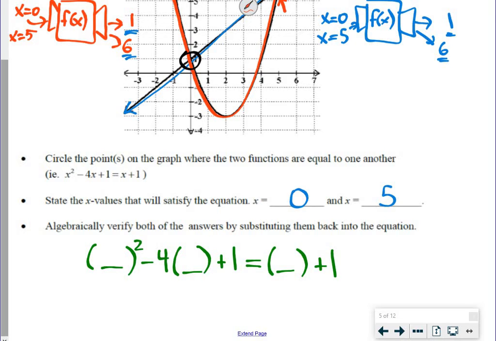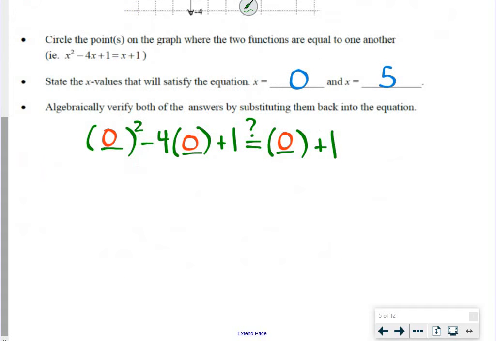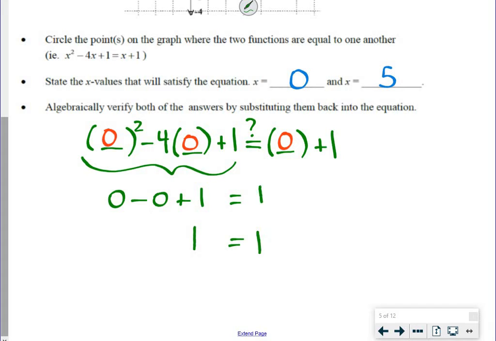So it should be true that when x equals 0, everywhere I see an x, I put a 0. We should have the left side equal the right side, so we need to independently figure out what the left side is. 0 squared is 0, minus 4 times 0 is 0, plus 1, that's just 1. And then the right side is 0 plus 1, which is 1, so 1 equals 1. That's great.